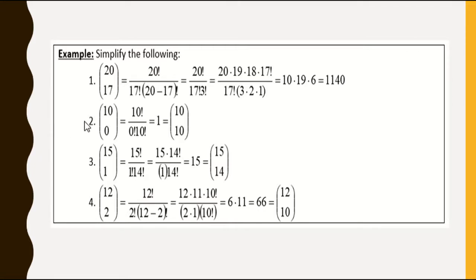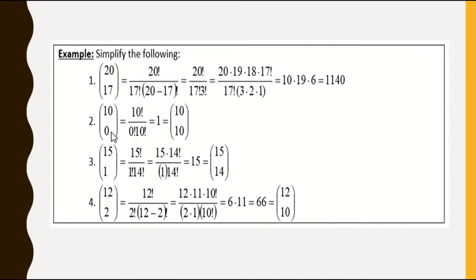Example number 2. 10 taken 0 at a time. Again, that is n factorial over r factorial times n minus r factorial. So our n here is 10. So that is 10 factorial over r is 0, 0 factorial times n minus r.